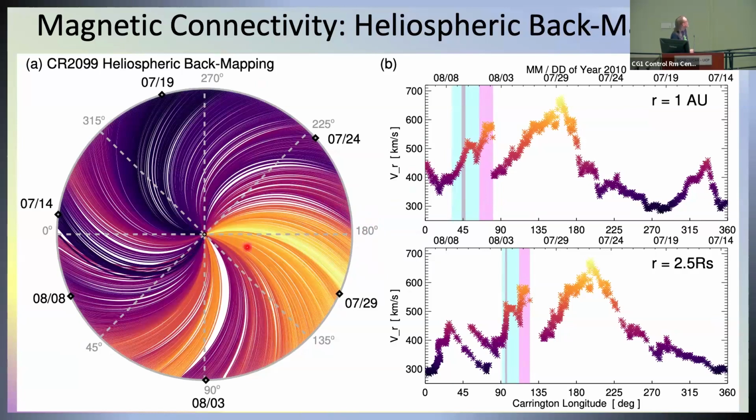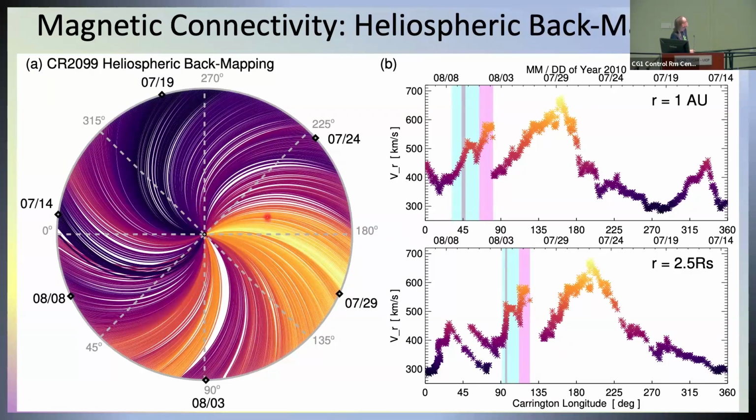When I do that, I end up at a different Carrington longitude, which corresponds to a different date. In fact, the 2 or 3 or 4 days it takes solar wind to get from the sun to 1 AU is the 2 or 3 or 4 days you go backwards in time by doing this tracing.